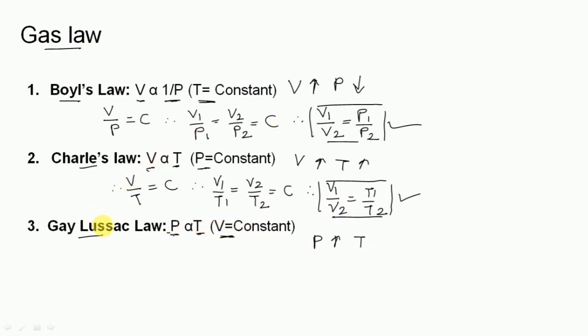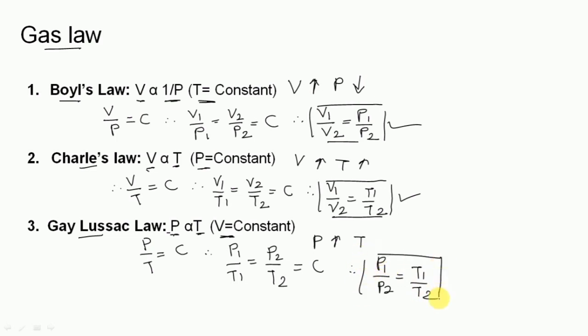If we rewrite this, then P upon T is equal to C. That's why we can write P1 by T1 is equal to P2 by T2. If we rearrange this term, then P1 by P2 is equal to T1 by T2. So we get the relation between pressure and temperature at constant volume by Gay-Lussac's law.